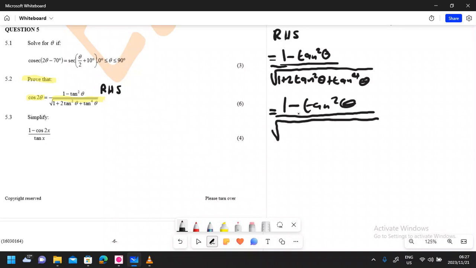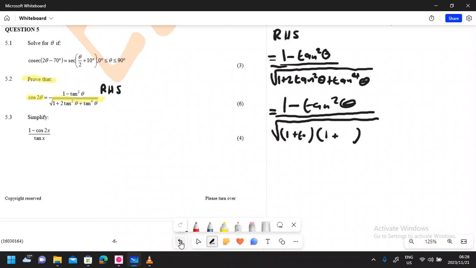We can factorize this. So let's start with the 1. The factors of 1, when you multiply, they give you 1 into 1. Now the factors of tan to the power of 4 theta, when you add them, remember this is addition, so we have addition inside the bracket there. When you add them, they give you 2.